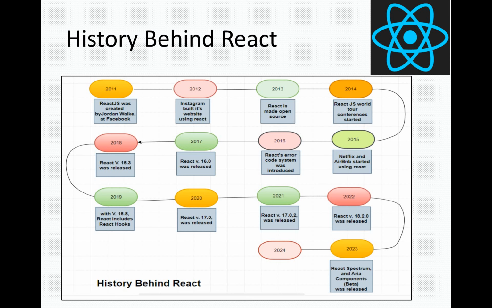In 2020, React 17.0 was released, and in 2021 they released 17.0.2, which was not a major release. In 2022 they released another major version, 18.2.0, and in 2023 a beta version of the new documentation was released.